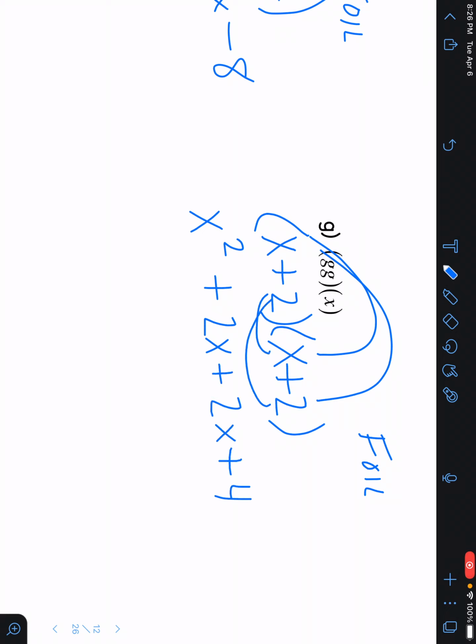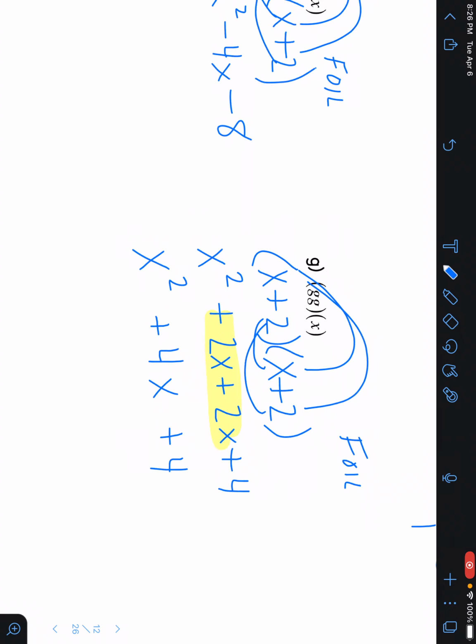And then, can we combine like terms? Yep, we actually do have some here. These guys are like terms. They will add up to get 4x. So bring down x squared. Plus 2x adds up to plus 4x. And then the plus 4 drops down.